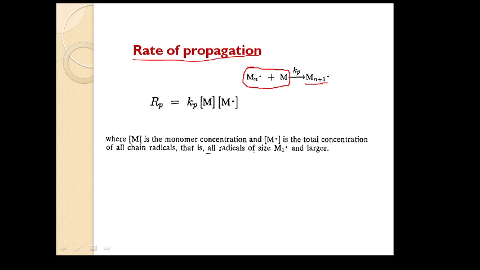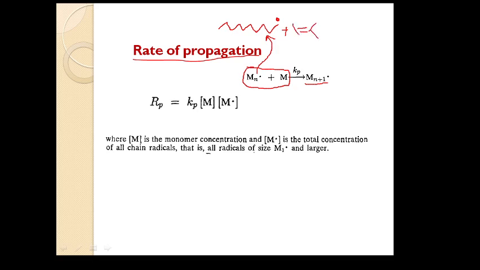So what does this Mn dot mean? This Mn dot is representing a long chain of carbon atoms. For example, this is a polyethylene chain along with the active radical center. This is the Mn dot, and this M is representing our monomer, that is our ethylene molecule, whichever is going to react.